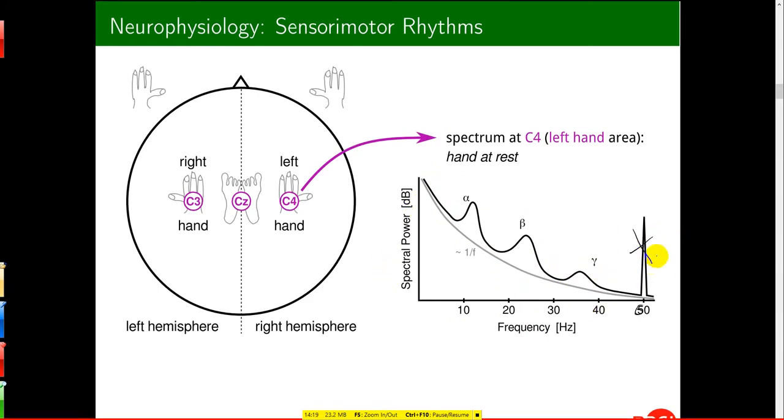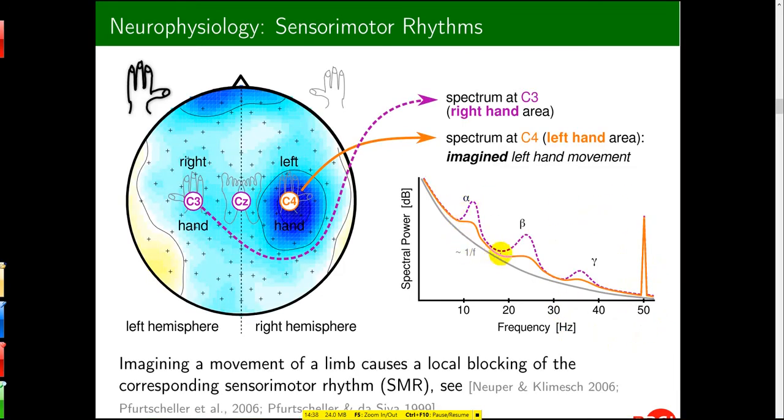And this comes from cable noise, so-called, or 50 or 60 hertz interference. Assume that you imagine moving your left hand right here. We have some color change here, right? Okay, we don't have a color bar here. We can think, as we do, more red means more power, blue means negative, right?